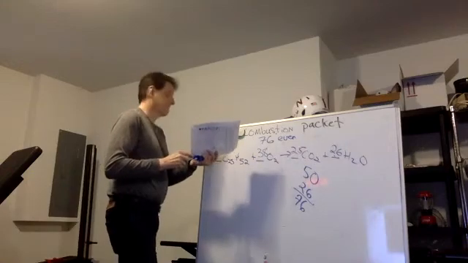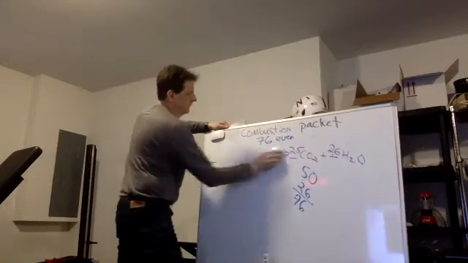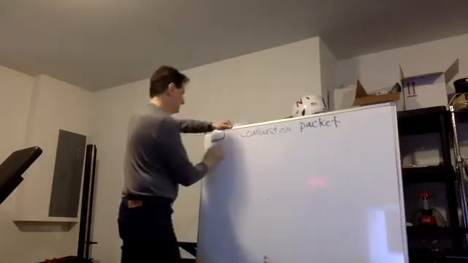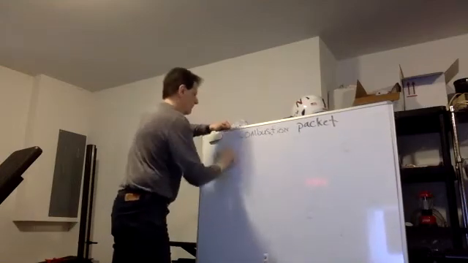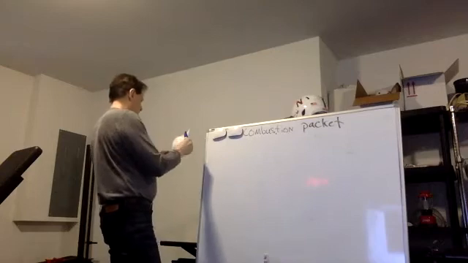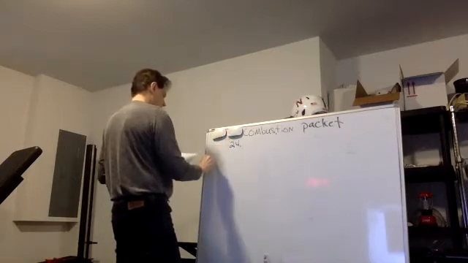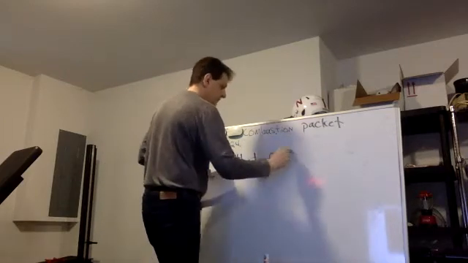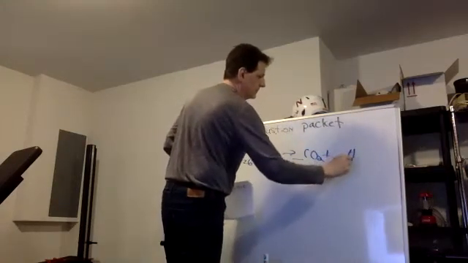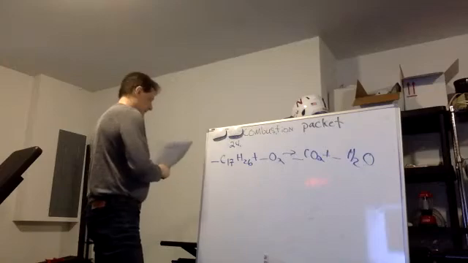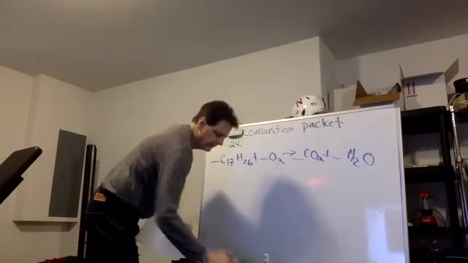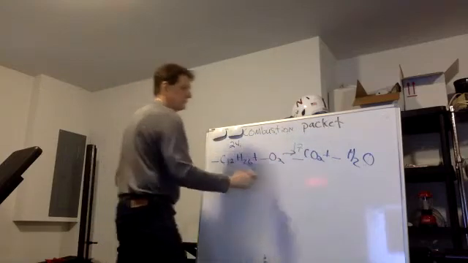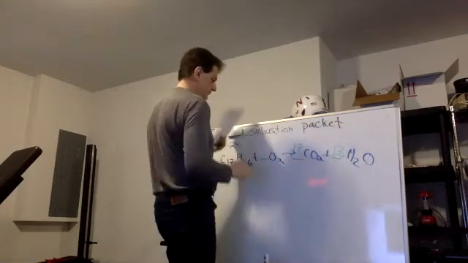Number 23, C17H26 plus O2 to CO2 and H2O. 17 on carbon, 26 would be 13 on hydrogen, 13 times 2 gives me 26.